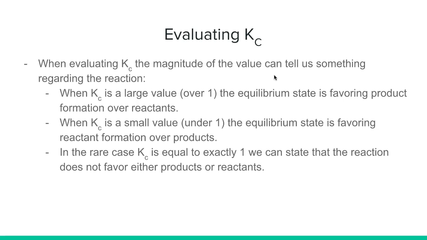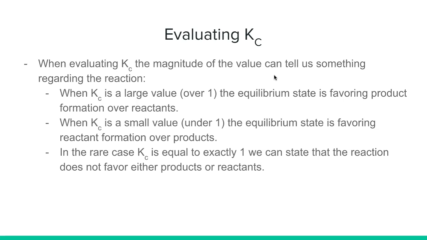Right, so when Kc is a large value, and we're going to define large as being over 1 in this case, the equilibrium state is favoring the product formation over the reactants. So keep in mind what Kc actually is mathematically. Products over reactants. So if the value is greater than 1, the numerator has to be larger than the denominator.